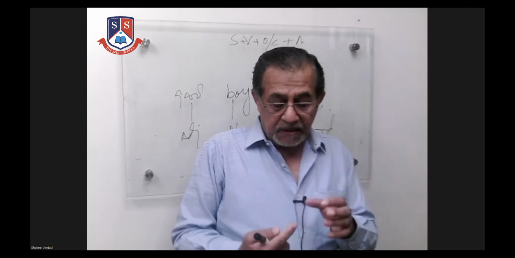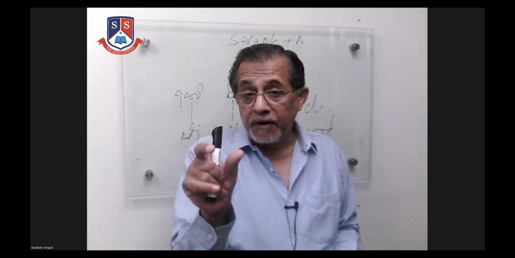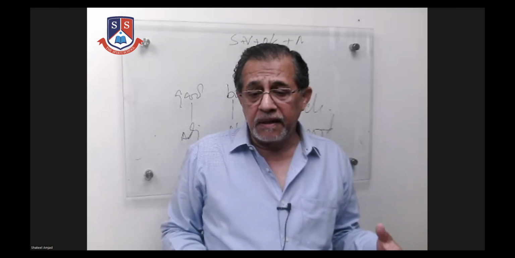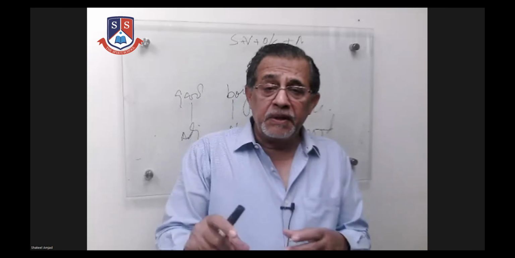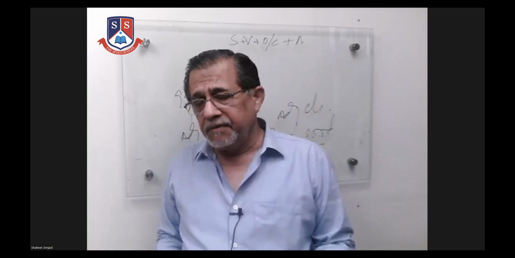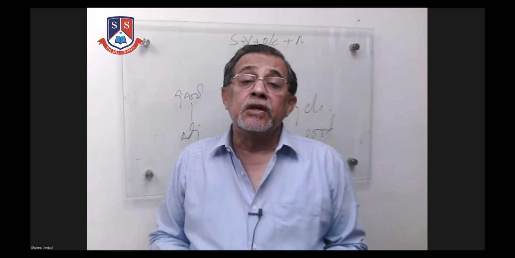Noun clause, which is a group of subject and predicate introduced by a dependent conjunction, used in the place of a noun wherever a noun comes, and we have discussed where the places of the noun are.